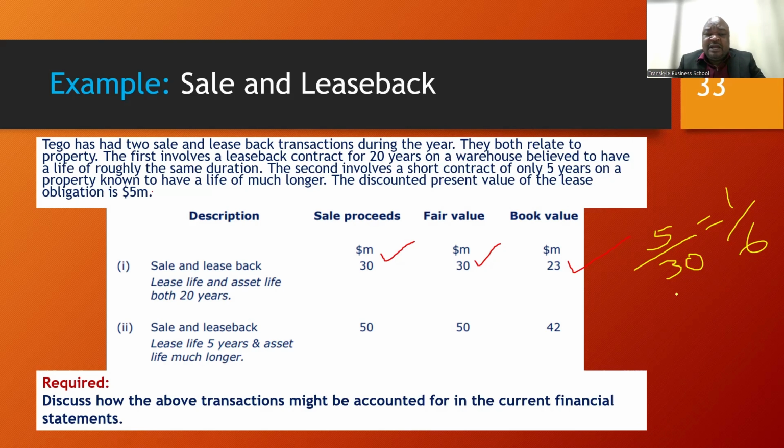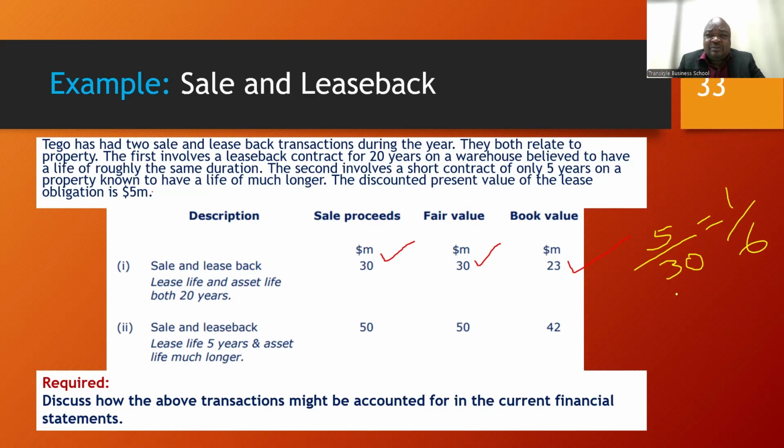Yeah, one might argue and say, in terms of the sale, this was genuine. But now, in terms of the consideration in the lease, it seems to be too small to be a genuine lease.